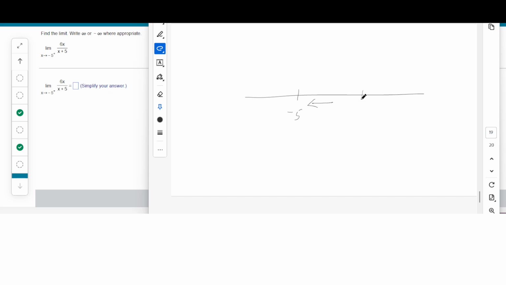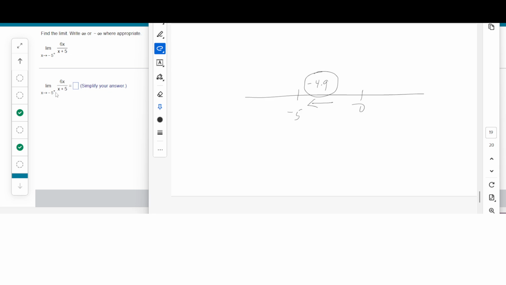So the value in this direction would be, let's say, negative 4.9 or something like that. If you put a value like negative 4.9 here, it would be positive on the bottom part, and negative on the top part. So eventually negative over positive would be negative.